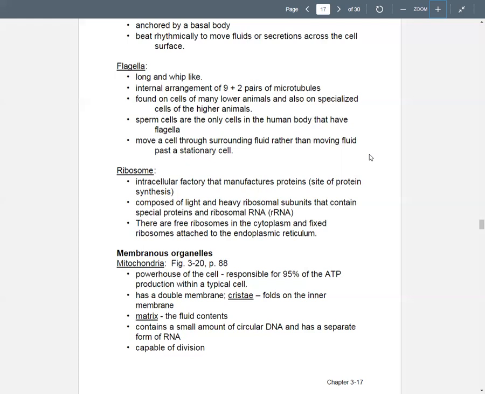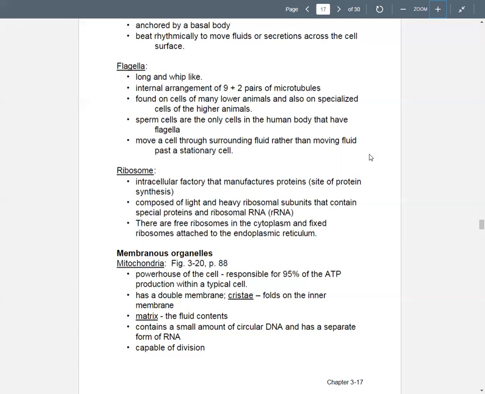In the human body, sperm cells are the only cells that have flagella, and those are in the male reproductive system. Their role is to help move that cell through some surrounding fluid. So cilia are going to be the ones that move the fluid past a stationary cell. Flagella are involved in moving the actual cell.